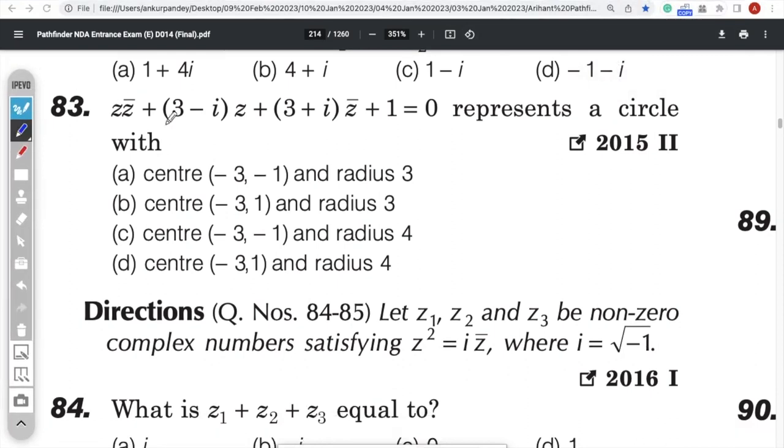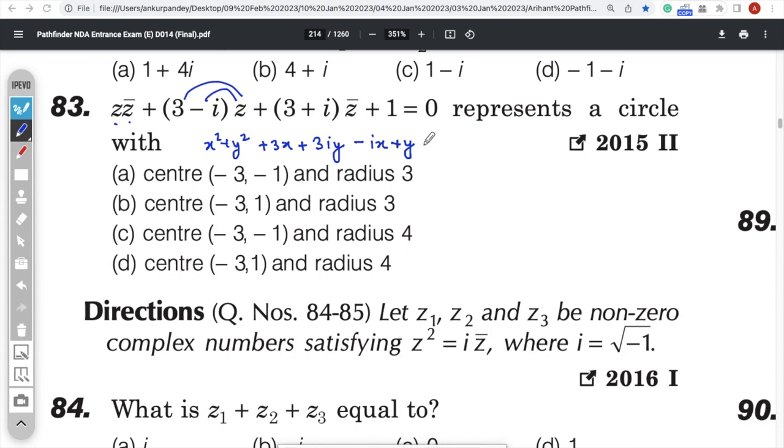Alright, I am also starting. Z bar is mod z square. 3x minus, plus 3y, minus ix, minus plus iy.